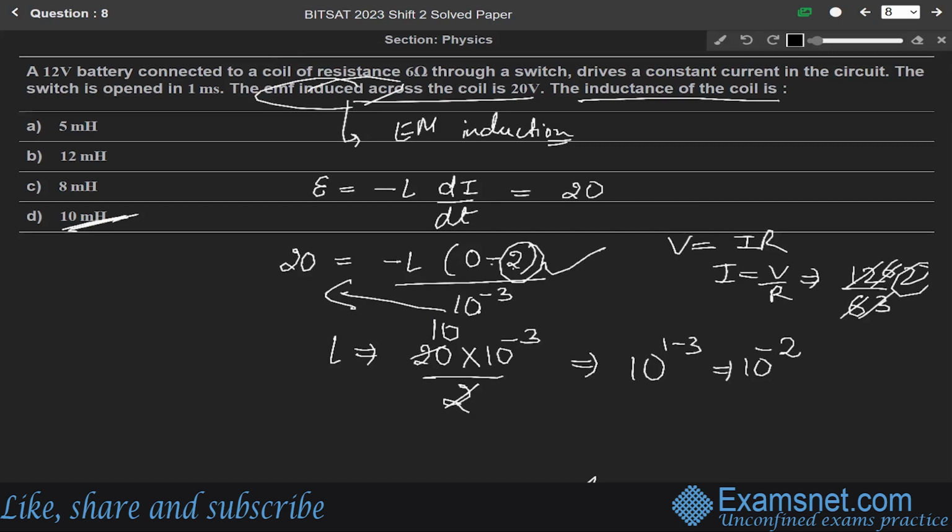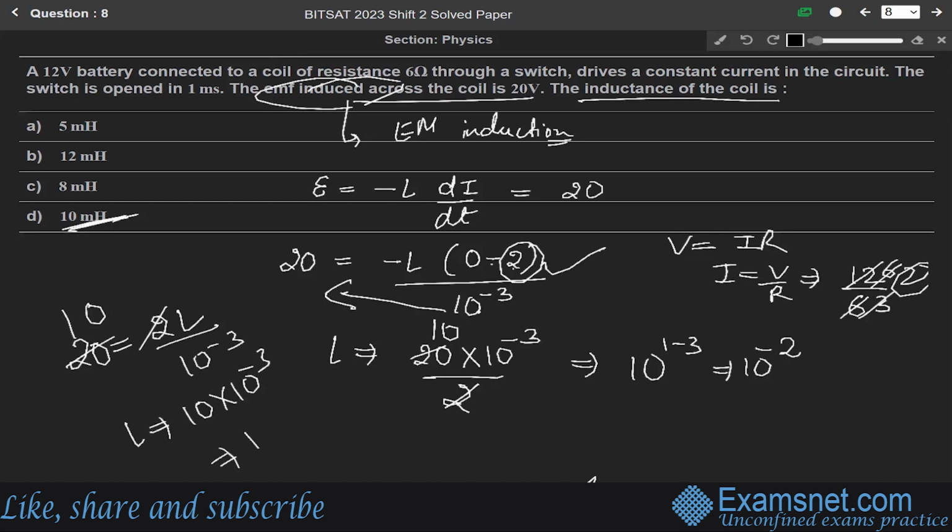So 2 tens are 20, and L will be equal to 10 into 10 to the power minus 3. It will become 10 to the power minus 2 Henry. So this is our final answer.